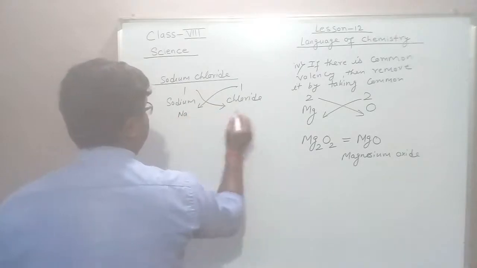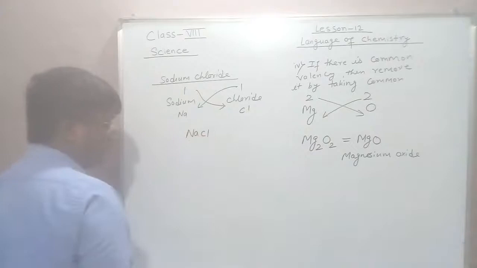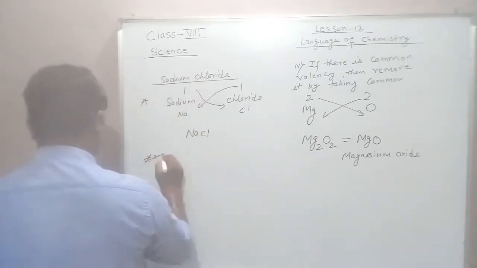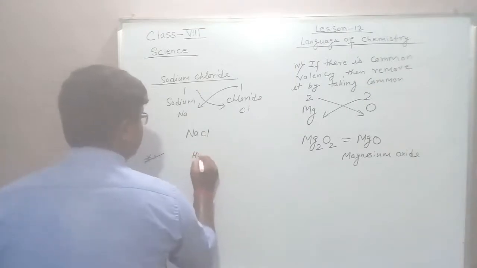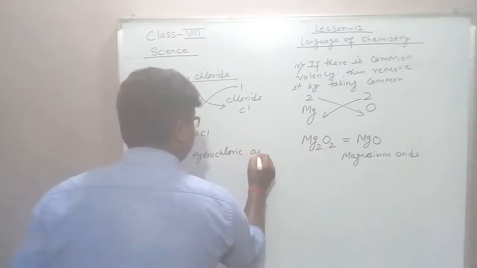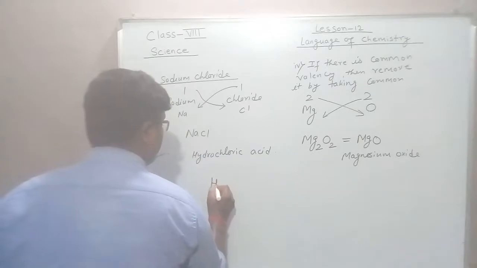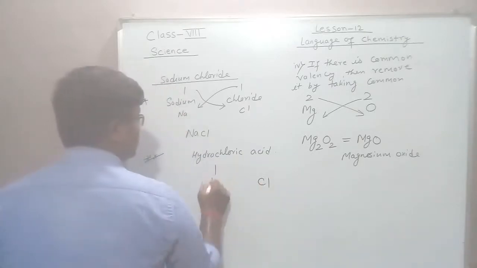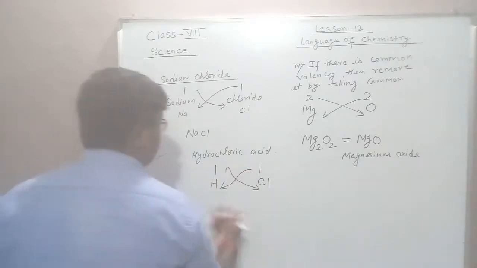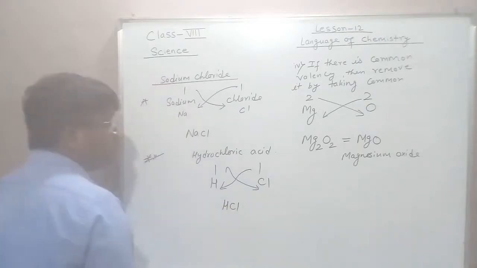Sodium is Na and chloride is Cl. If you cross, you will get NaCl. Is it clear? Let's see another example. Hydrochloric acid: here it is hydrogen and chlorine. The valency of hydrogen is 1 and chlorine is also 1. If you crisscross, you will get HCl.